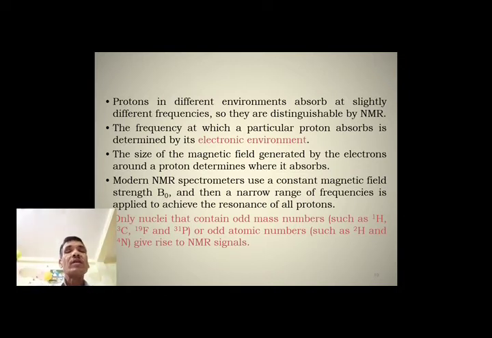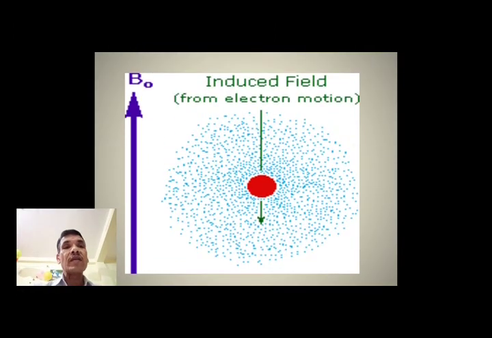That means the nuclei which have a spin quantum number in fraction give the NMR signal.